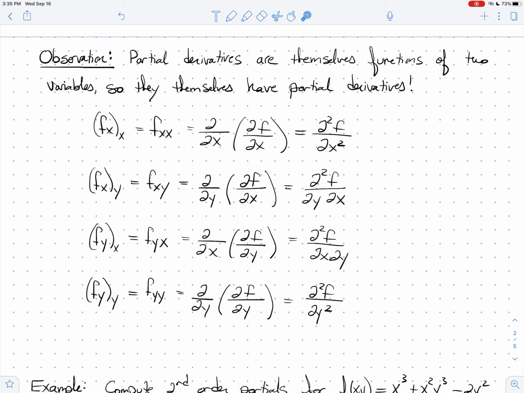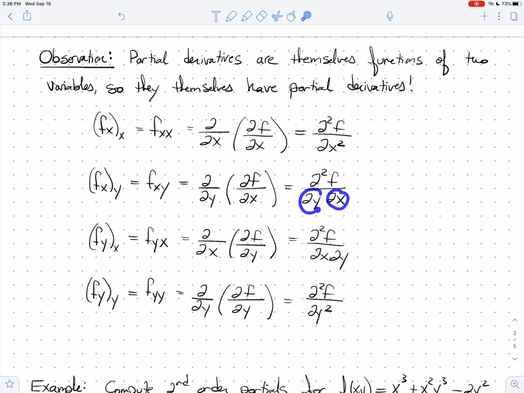And you'll sometimes see it written like this as well. There's also these mixed partials where I started with f partial x, then I take partial y of that. Or I start with f partial y, then I take partial x of that. So the notation here, when I'm using the f notation, the inside thing is the thing you do first, and then the outside, the right hand, is the partial that you do next. Whereas with this notation here, it's the other way, right?